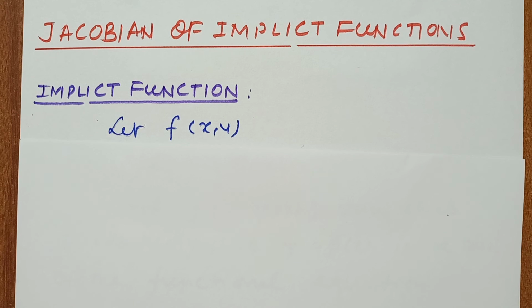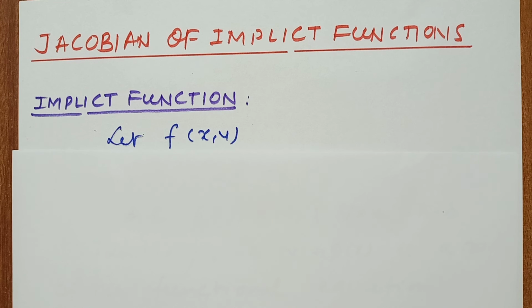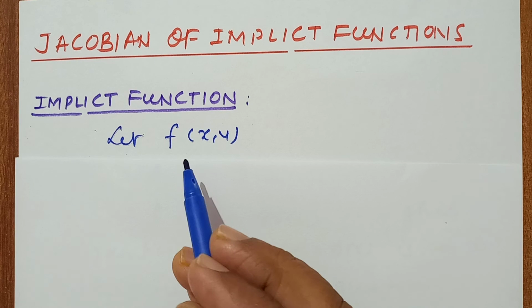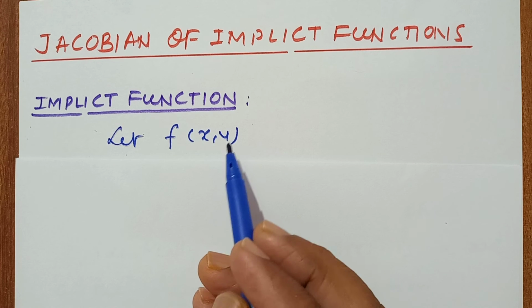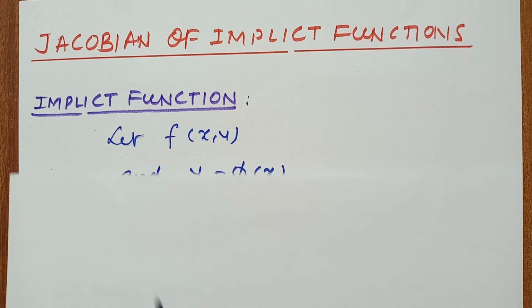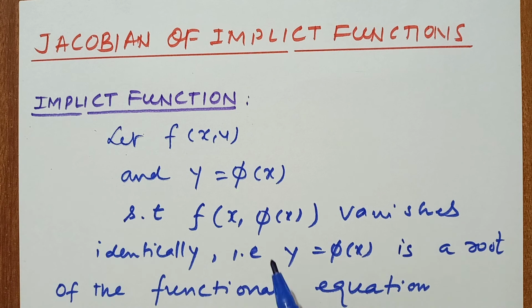Let f be a function of two variables x and y, meaning f(x,y) is a function of two variables and y is a function of x, such that f(x, φ(x)) vanishes identically.